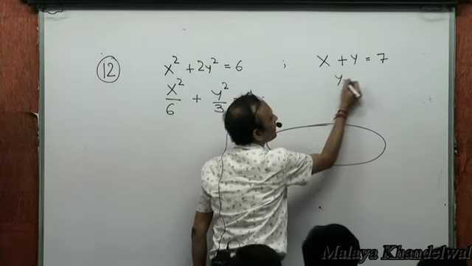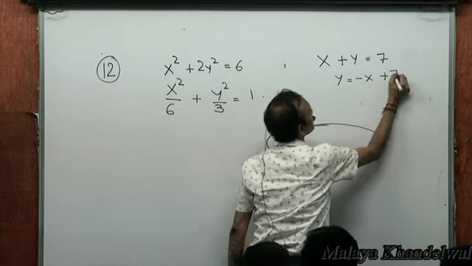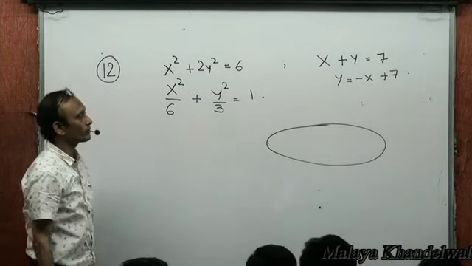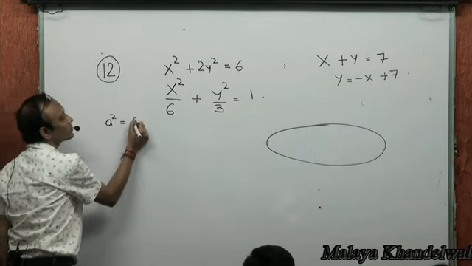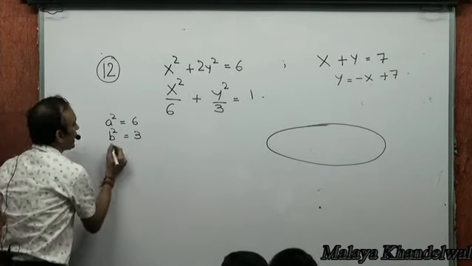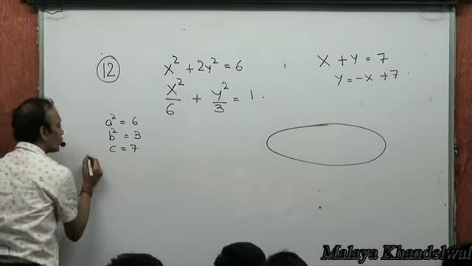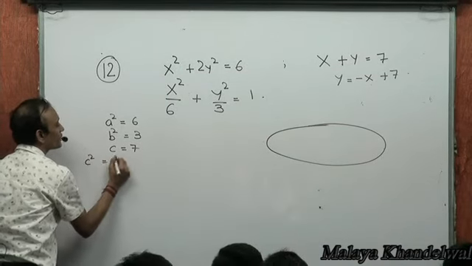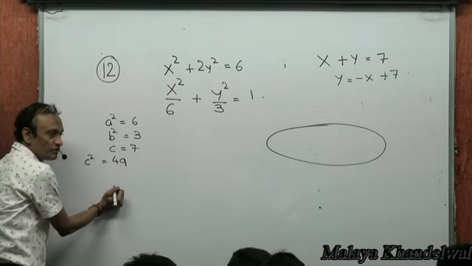This is a line y equal to minus x plus 7, right? In this case, a squared is 6, b squared is 3, and c for the line is 7, right? What is c squared? c squared is 49 for the line.